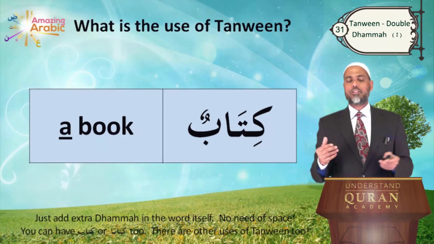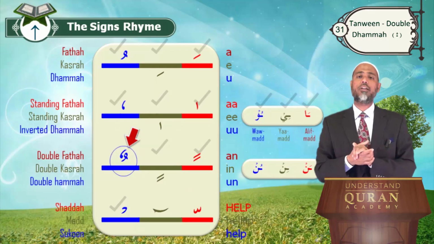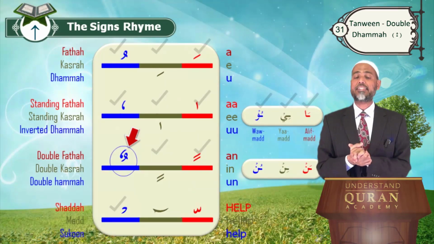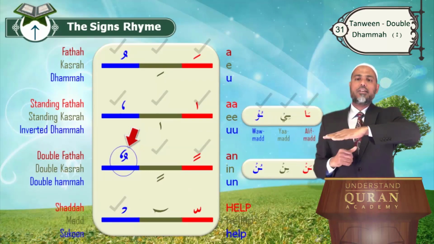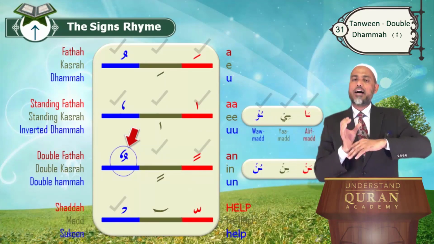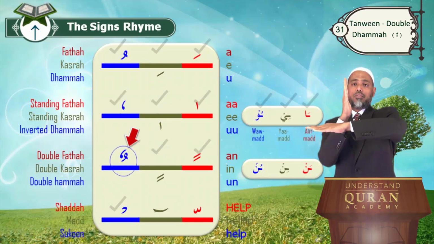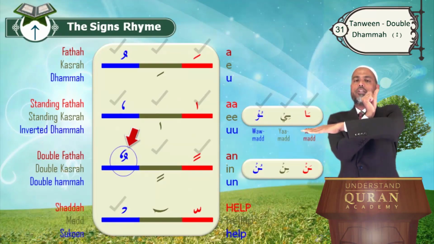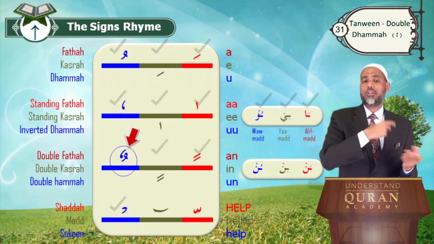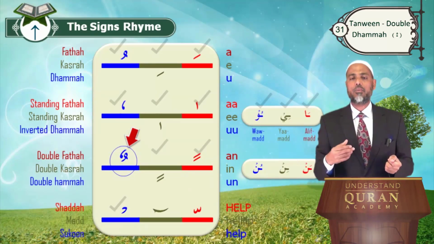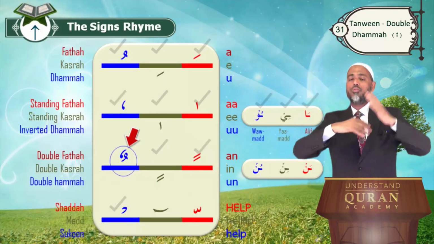Okay, let's put everything in perspective now. We started with letters: ma, ba, wa, fa, and so on. We learned those letters in 12 lessons, and after that we started the signs. A, i, u, three signs in three lessons, and then alif mad, ya mad, and waw mad in three lessons, and then we learned standing fatha, standing kasra, inverted dhamma in two lessons. Before that, we took an, in, un, or tanween.